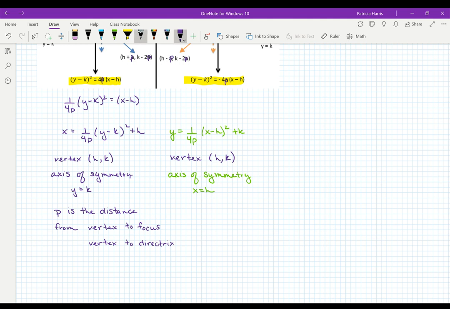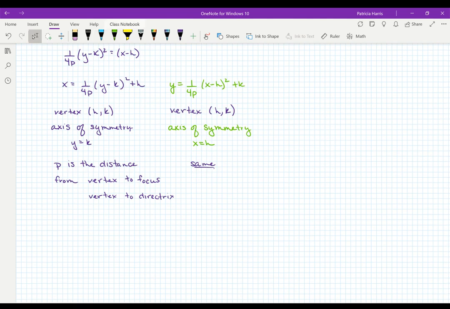And it's still the same over here. I'll just write same, save us some time. Now, when you have a y variable that is the quadratic, it's going to open left or right.